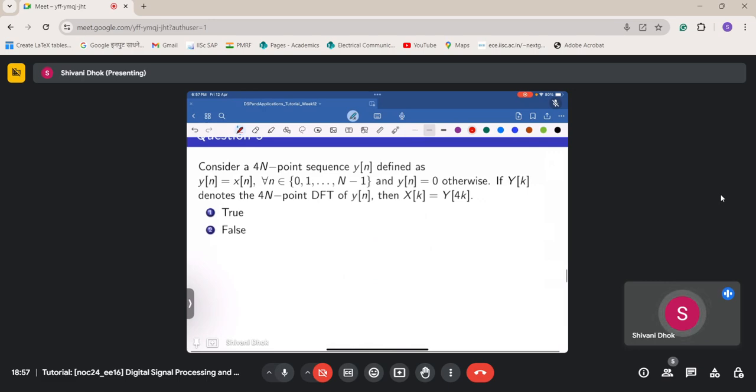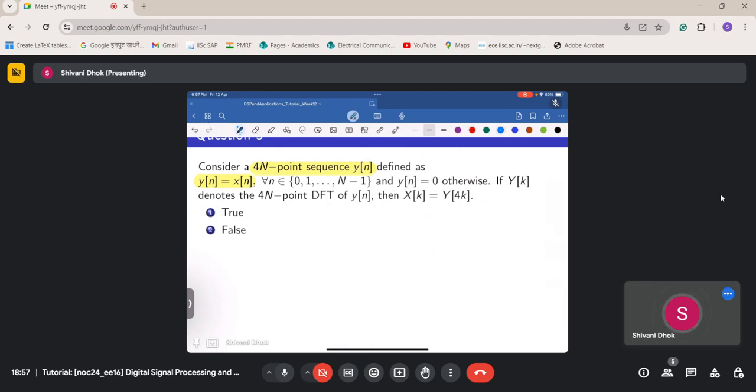It says, consider a 4N-point sequence y[n], defined as y[n] equal to x[n] for all n from 0 to N minus 1, and 0 otherwise.